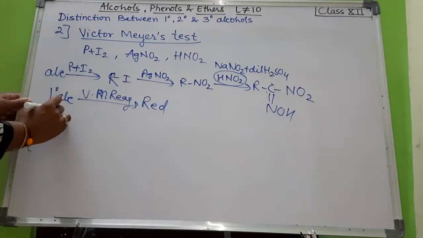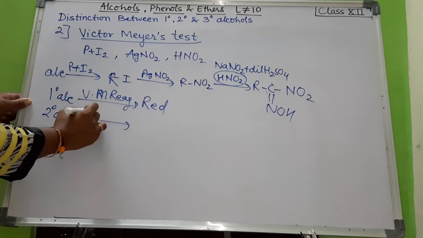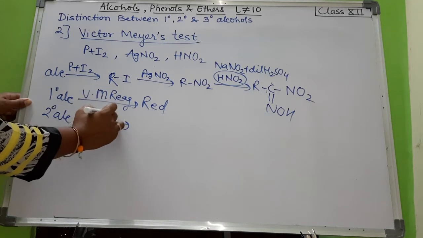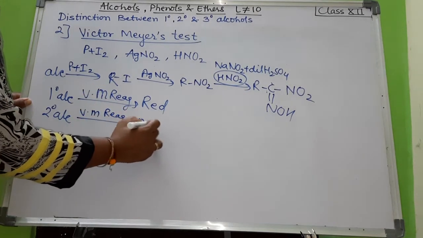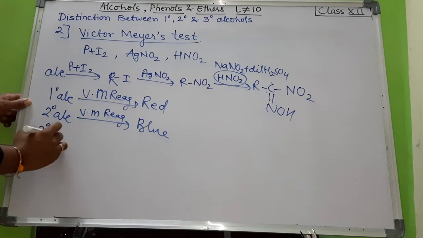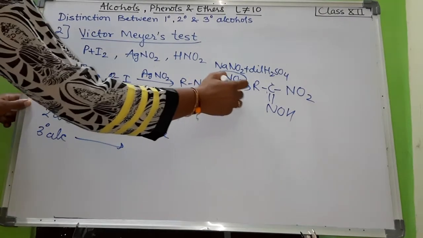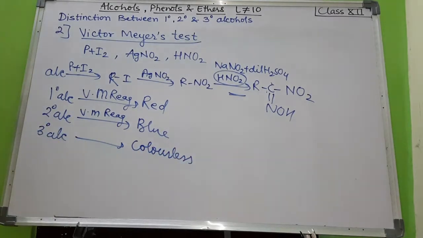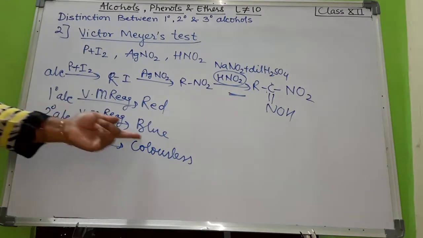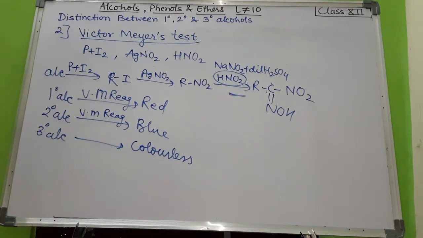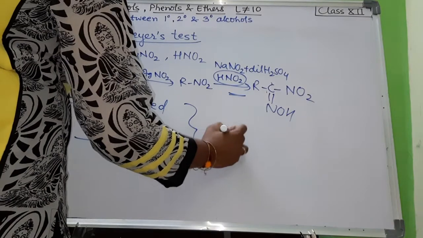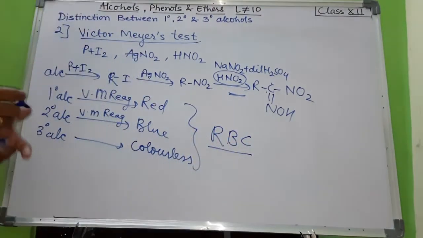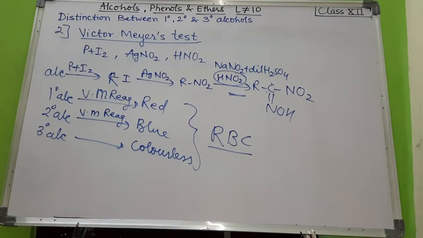And the secondary alcohol on treatment with the Victor-Meyer's reagent gives blue color. And the tertiary alcohol does not react with this last part, so the reaction is colorless. So how to distinguish using the Victor-Meyer test? The primary alcohol gives red color, secondary gives blue color, and tertiary gives colorless. It's very easy to remember. That is RBC, red blood corpuscles. That is red, blue and colorless for alcohols.